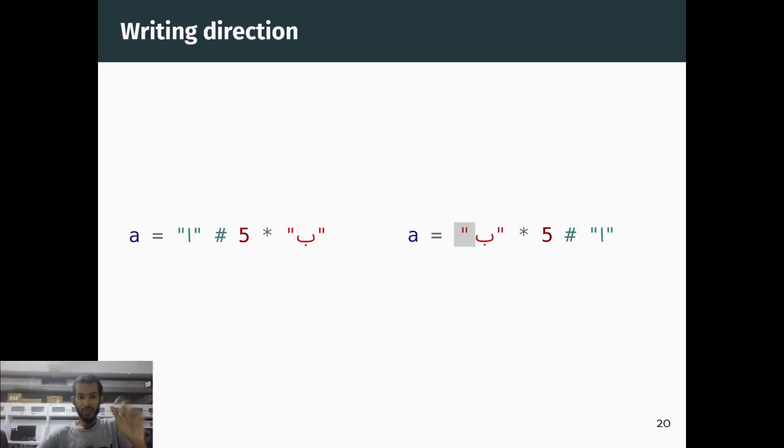Observe that in most editors, the syntax highlighting is a big giveaway. In this case, the rendered version of the aleph looks as if it is part of a comment. See, the syntax highlighting has carried over. So that is a giveaway sometimes, depending on the editor that you use.